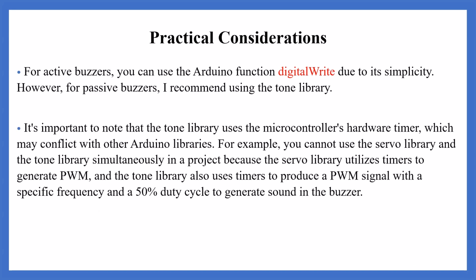It's important to note that the tone library uses the microcontroller's hardware timer, which may conflict with other Arduino libraries. For example, you cannot use the servo library and the tone library simultaneously in a project because the servo library utilizes timers to generate PWM, and the tone library also uses timers to produce a PWM signal with a specific frequency and a 50% duty cycle to generate sound in the buzzer.